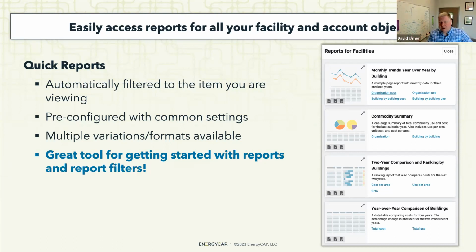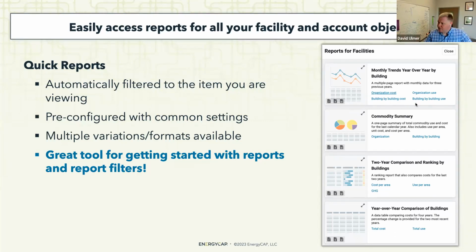These quick reports are automatically filtered for you. They're already pre-configured with common settings, and we've made multiple variations of the report available. So for instance, even within a quick report, you can choose between Excel or PDF or Word as an example, making it even more accessible.